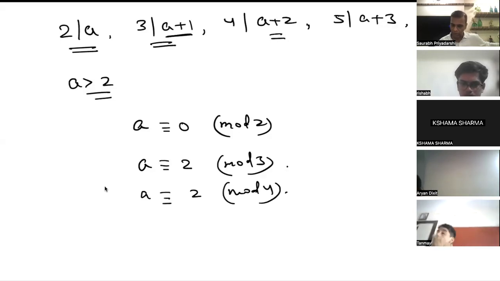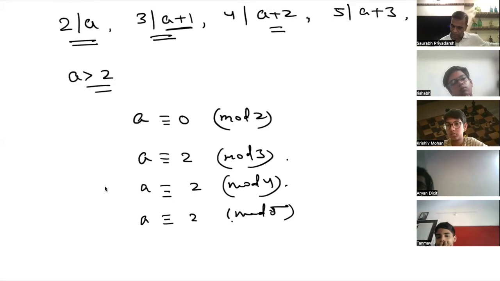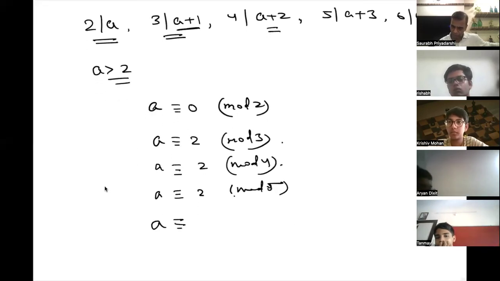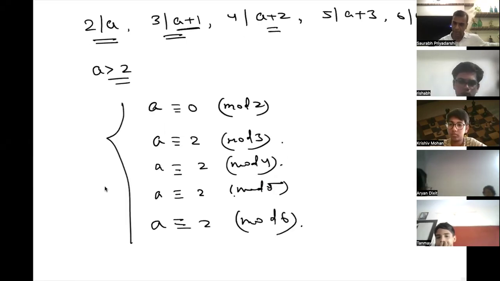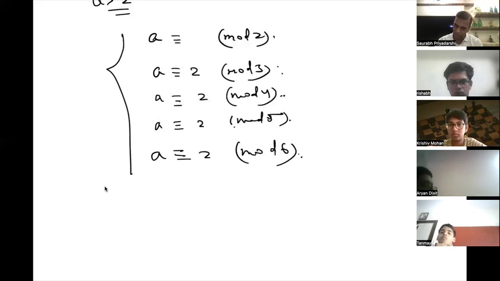For the next, A plus 2 mod 5 is 2 mod 5. And the last one, 2 mod 6. So it must be divided by 2, 3, 4, 5, 6. Or I can say in this case also, this is 2.